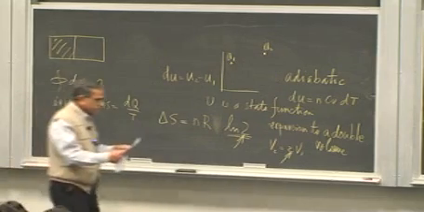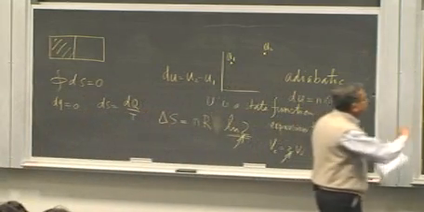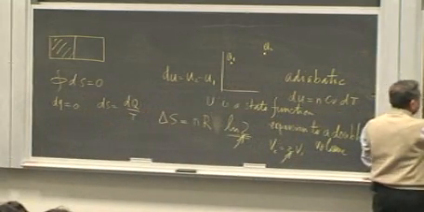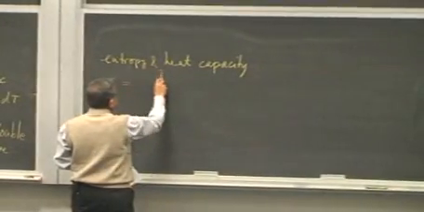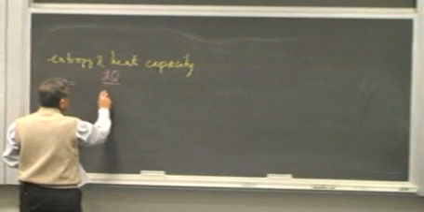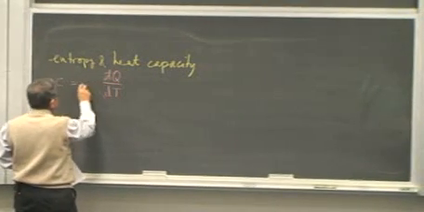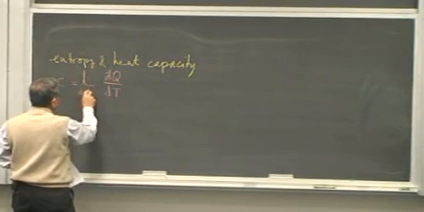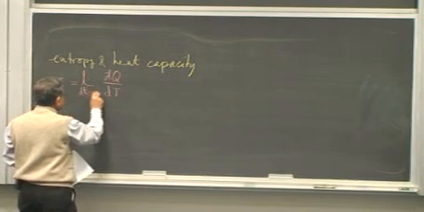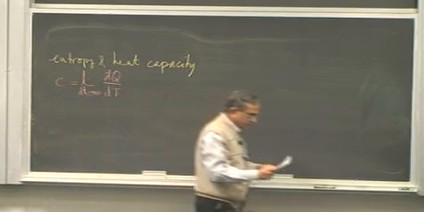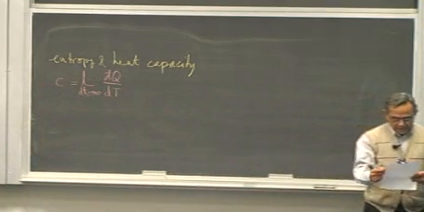Mathematically also, when you write heat capacity, you write it as some amount of heat given to the system divided by some change in temperature, with the limit dT going to 0. That is how you define heat capacity.